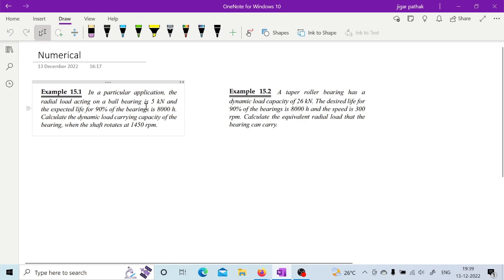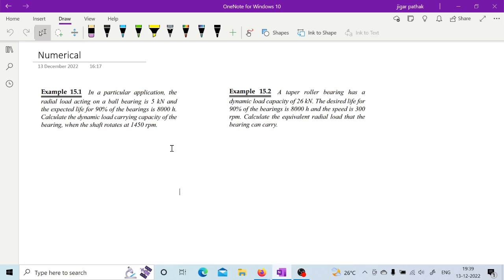First is, in a particular application, the radial load acting on a ball bearing is 5 kilonewton, and the expected life for 90% of the bearings is 8000 hours. Calculate the dynamic load carrying capacity of the bearing when the shaft rotates at 1450 rpm. Can you try this one? Yes, sir.